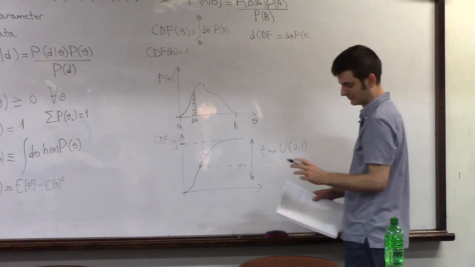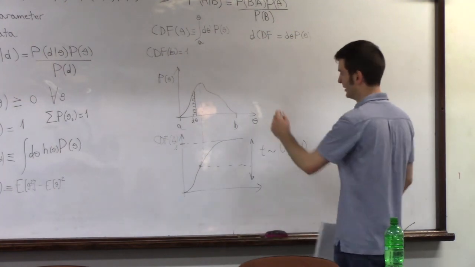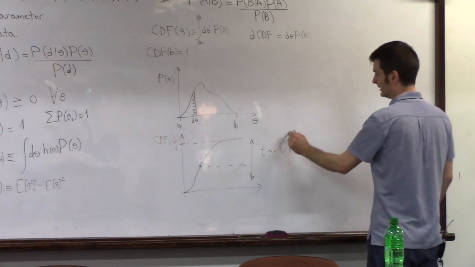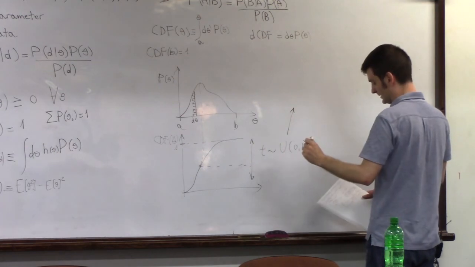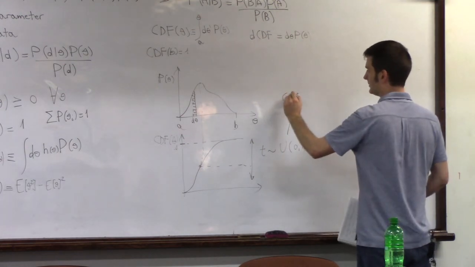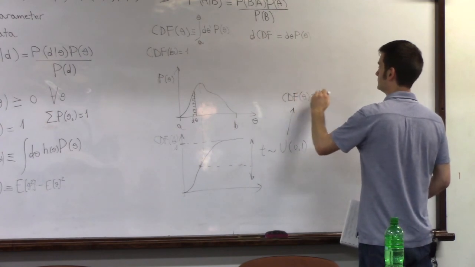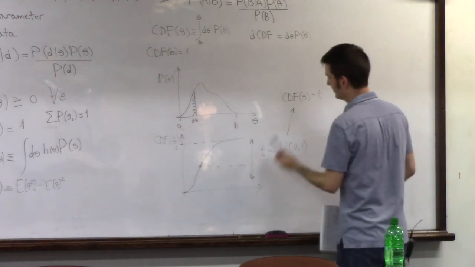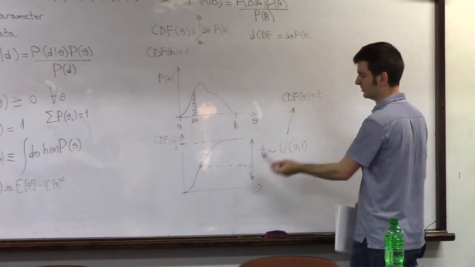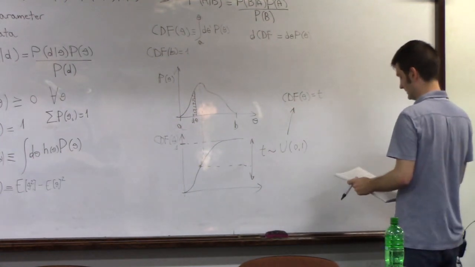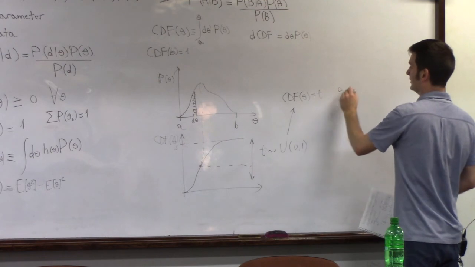So let me first finish. How do you do it in practice? You draw t, and then you find the value for which the cumulative distribution function is equal to t, and then you invert this.